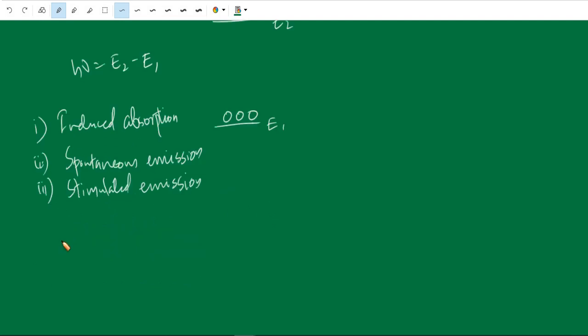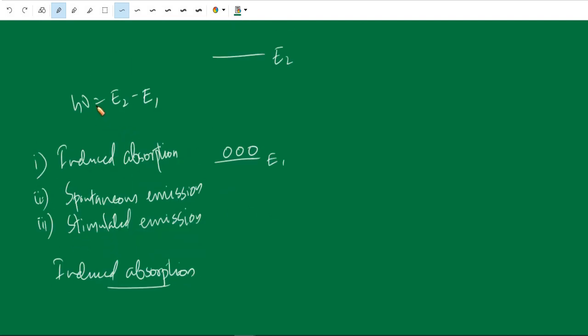The first one is induced absorption. When the photon of energy h nu is interacting with the atom at energy level E1, then this atom will absorb the energy from the photon. So the energy of the photon is absorbed by the atom. Now this atom is having more energy, so it cannot stay in that energy level. It has to go to energy level E2.